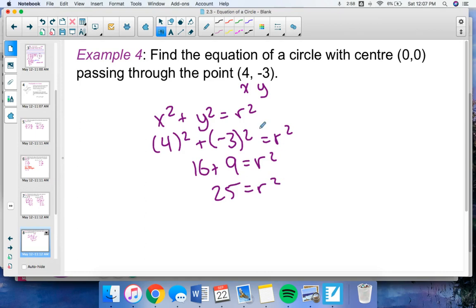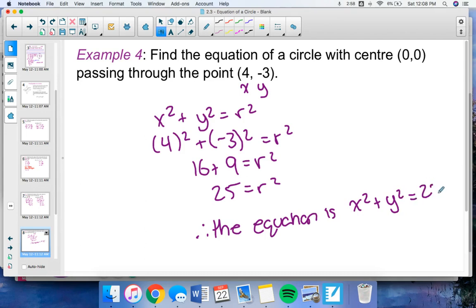Remember though, you could take this further and say r equals 5. But remember, in our formula right here, x squared plus y squared equals r squared, that is our end goal for this question. Okay. So we need to put our r squared value back into our formula. So therefore, the equation is x squared plus y squared equals 25.